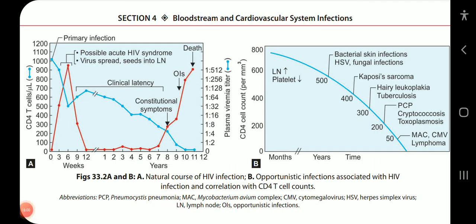Now in this figure we can see that figure A shows the natural course of infection, in which the blue line represents the fall in the number of CD4 T cells, while the red line represents the stages, like in first stage the possible acute HIV syndrome occurs, then the period of clinical latency, then constitutional symptoms, and finally death can occur.